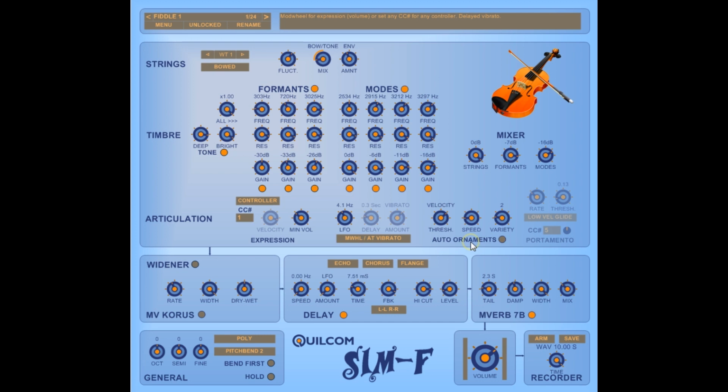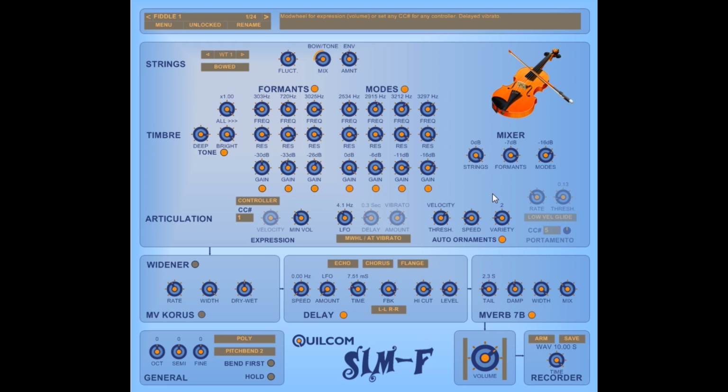Now I kept the auto ornament system in, which first appeared on my SIM-W tin whistle emulator. Probably not so much use for a violin, but I have changed things a little bit. So if I turn that on, when you play harder than the velocity threshold here, it will play a random ornament from the range of variety that you've set there.